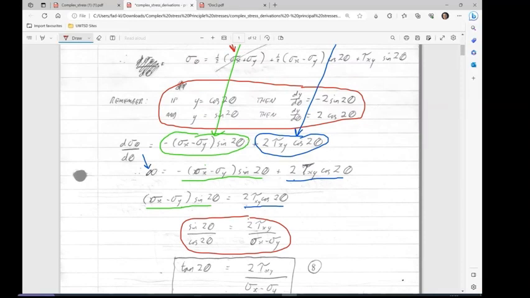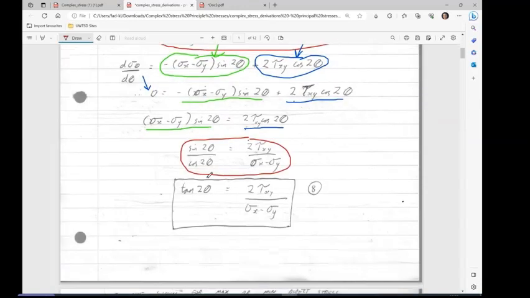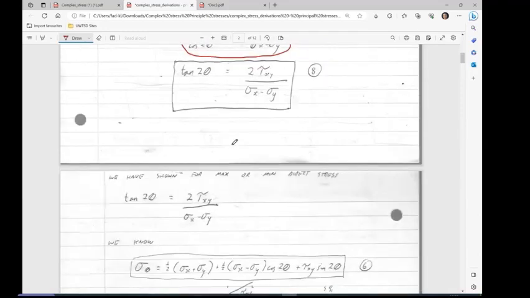As soon as we put that 0 in there, that's only true at the maximum or the minimum, when the gradient is 0. So this here is only valid at the maximum or the minimum. Tan 2 theta equals 2 tau xy over sigma x minus sigma y. So we've shown that for our maximum or our minimum direct stress, we've got this.